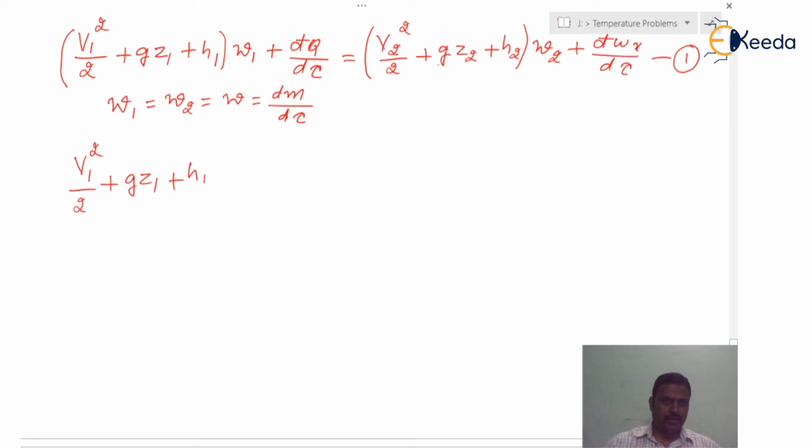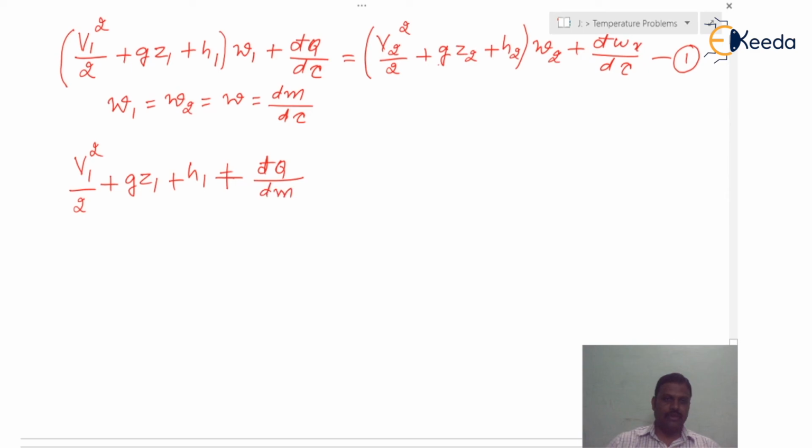This W1 divided by W is 1, because W1 is equal to W, that is equal to dm divided by d tau, plus dq divided by dm.